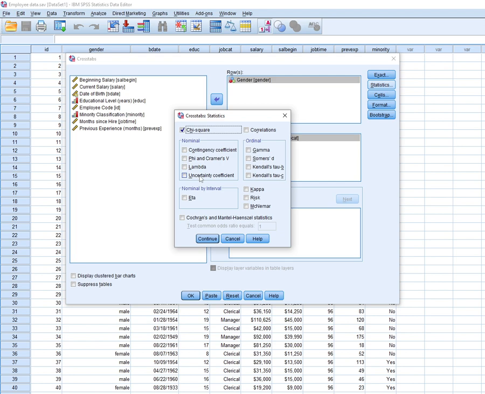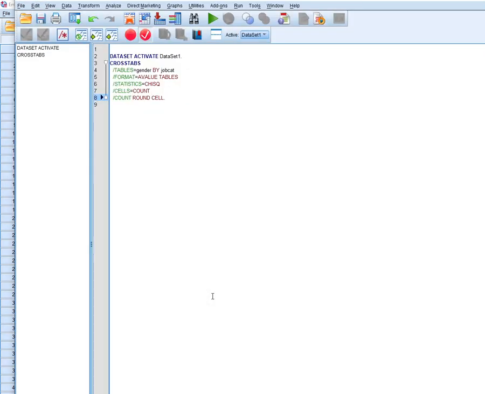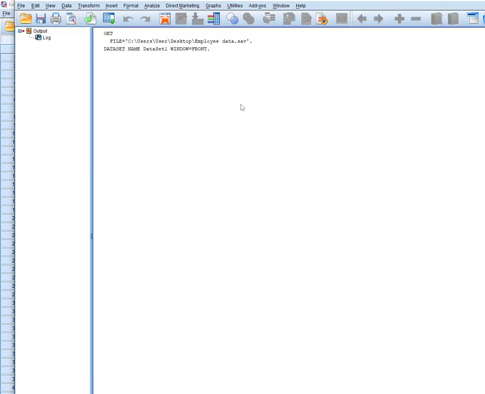If they're relevant to your course, then take time to understand them. But for now, I'll be biased towards the chi-square test because that's the scope of my work today. So I'll select chi-square test, click continue, and then I'll paste. I'll execute my syntax.